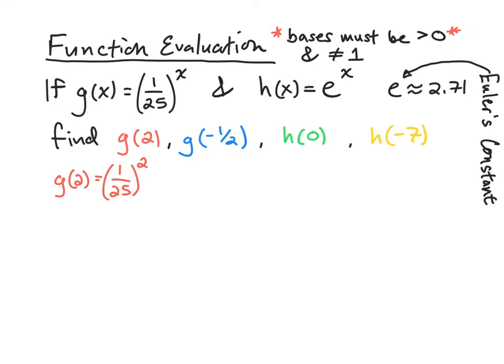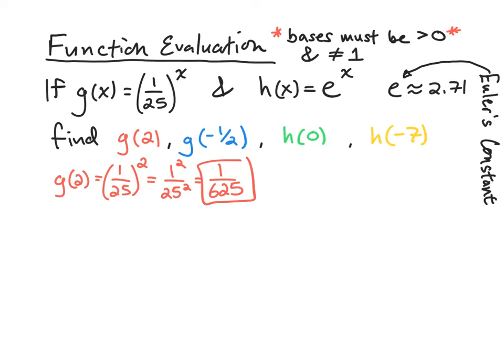And then we get to use this property that I went over a few slides ago that said if you have a fraction being raised to an exponent, you can take that exponent and raise the base in the top and the base in the bottom to that exponent. So this would be 1 squared over 25 squared, which is 1 over 625. And no, we do not want decimals here because you can figure out 25 squared, and since it was in the bottom, 625 will stay in the bottom.